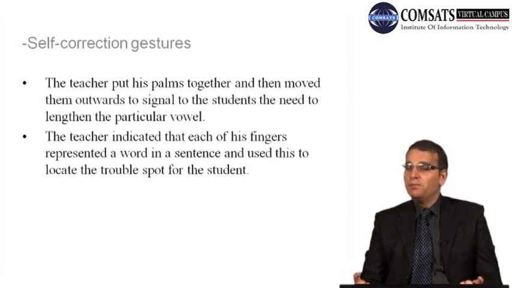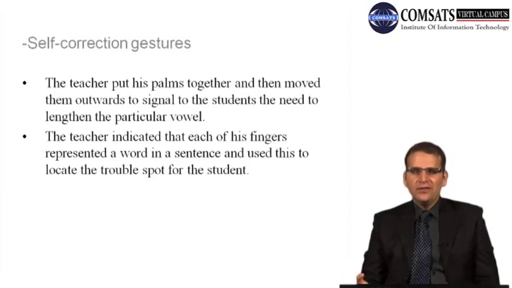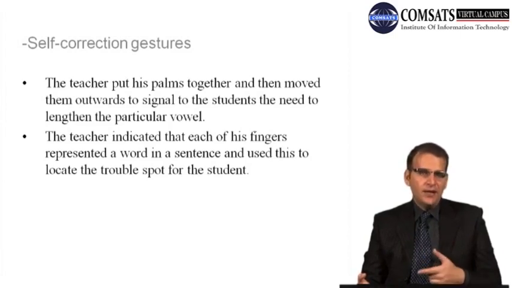For example, P uses the lips also. When there is an occlusion, B, T, D, K. He doesn't say that, but he does gestures.